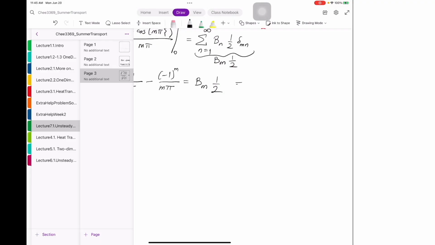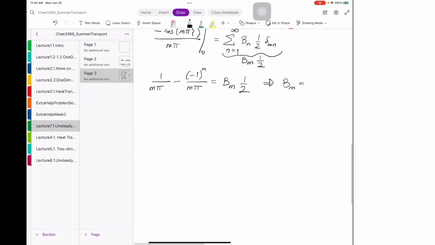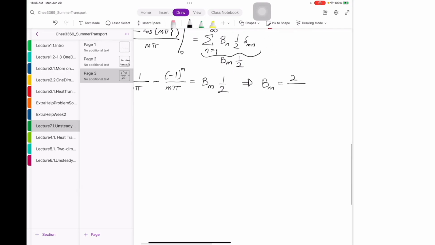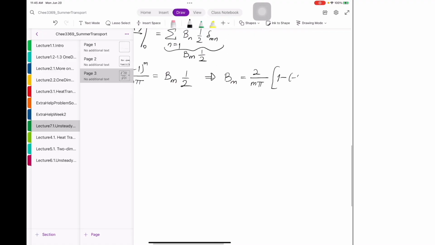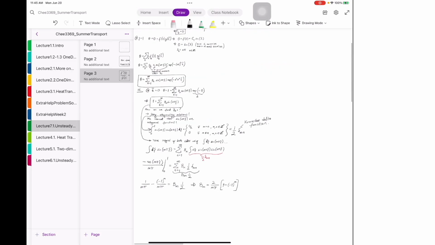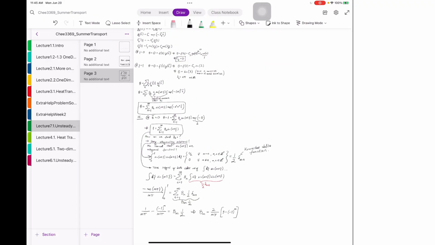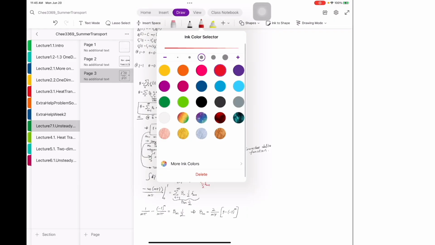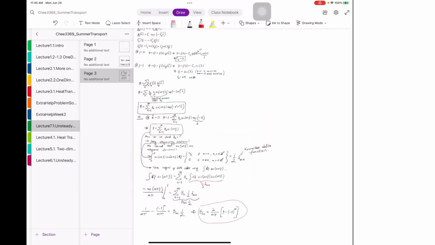So from here, if you solve for b_m, you get b_m is equal to 2 over m pi times 1 minus (-1)^m, right? If you replace this in the original equation, so we found the b_m, now we can actually place it here, right?